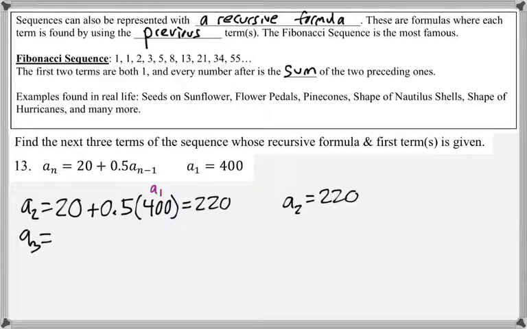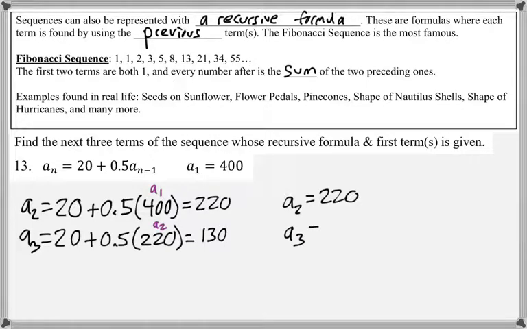a3 is equal to 20 plus 0.5 times a2, and my a2 is 220. And if you calculate this, you get 130. So a3 is 130.